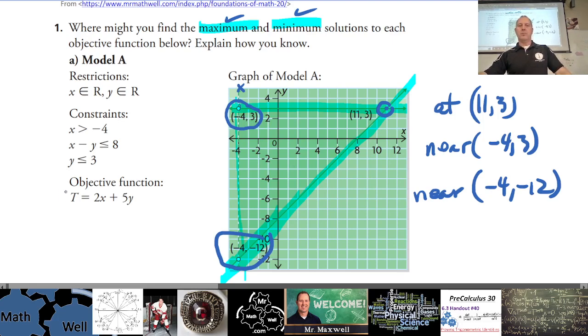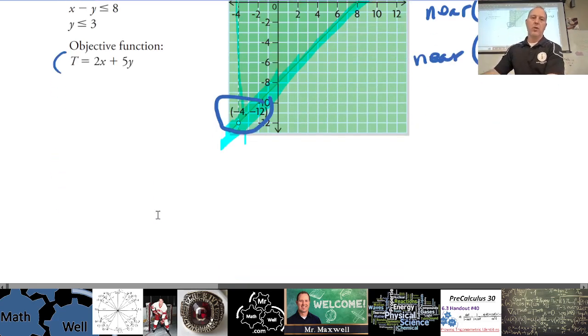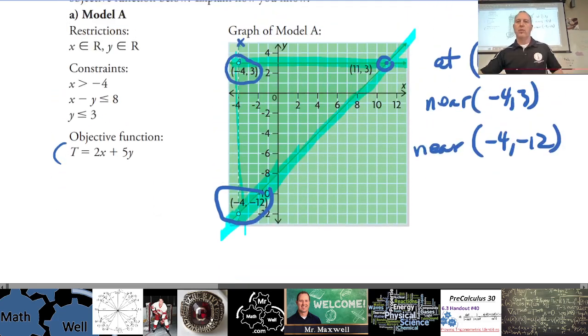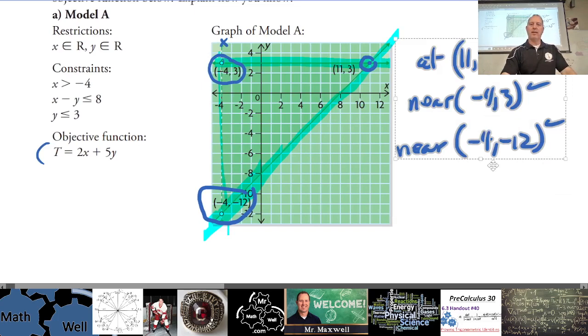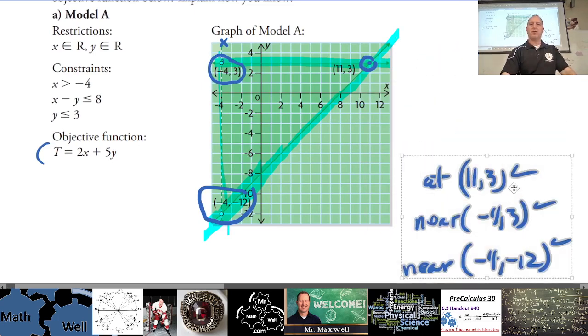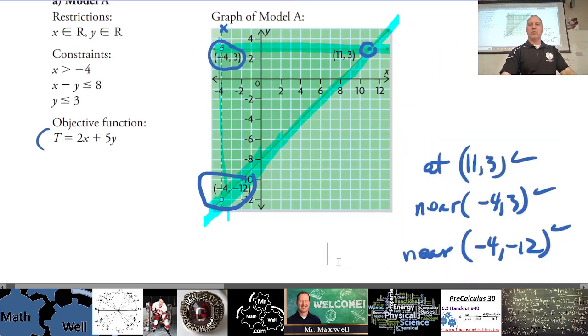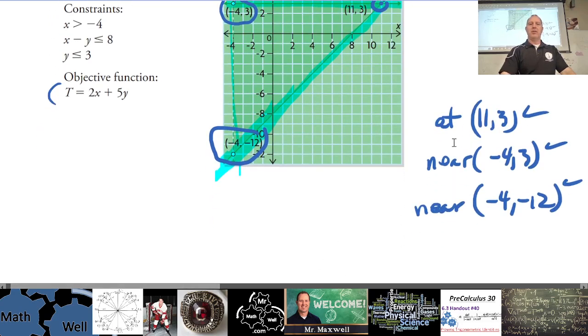So here's the objective function. This is going to be really easy. We want to test each of these three points over here, okay? We want to test them. And if we find a minimum value at (11, 3) or near (-4, 3) or near (-4, -12), then we would say at or near those values. So let's check those real quick.